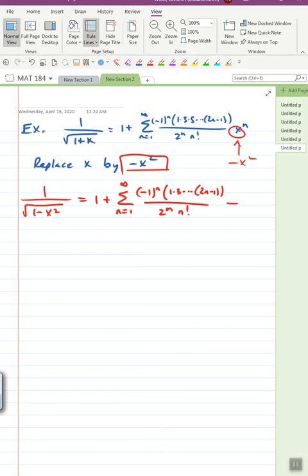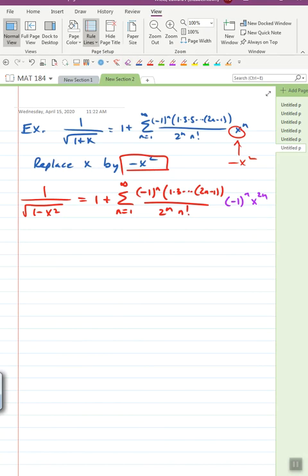And now this part just becomes negative x squared to the n. And notice what that part is, and that's an n out there, not a 2. Notice what this part is. It's really just negative 1 to the n x to the 2n. Everybody good with that? Which means I'll just relabel this as negative 1 to the n x to the 2n.